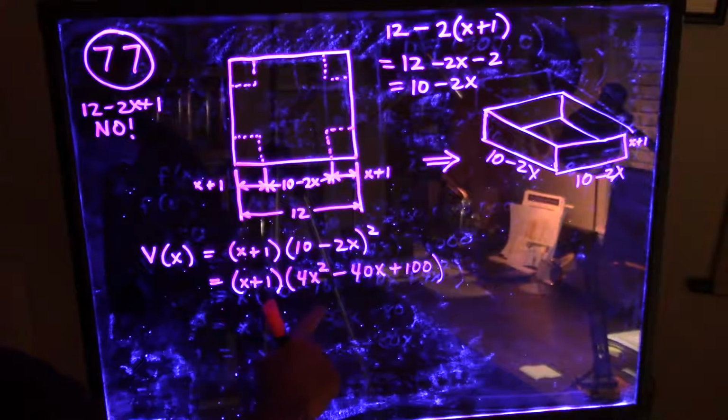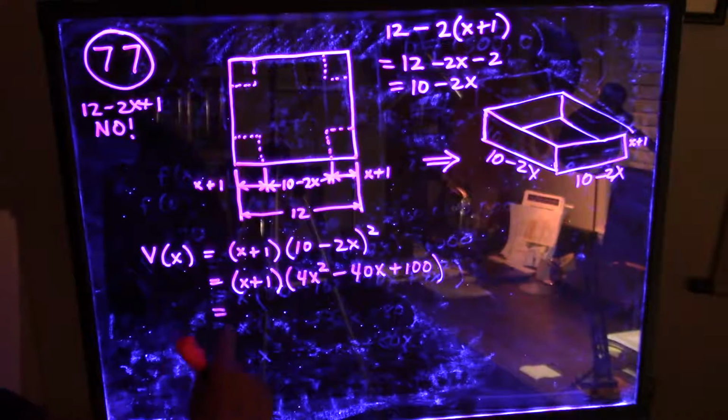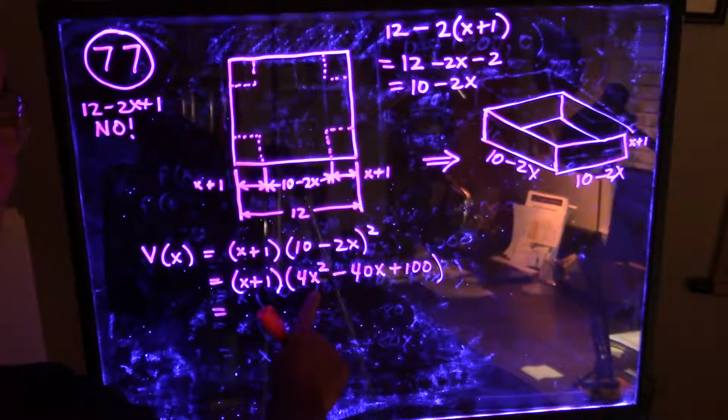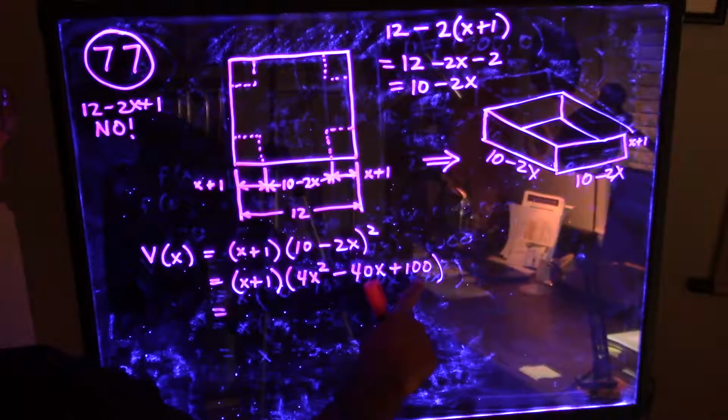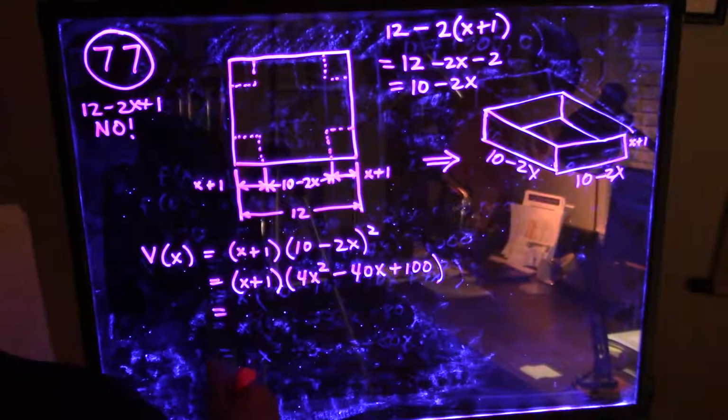And then you can distribute that x plus 1 through or multiply it out. First take the x, multiply it by each of these terms, and then take the 1, multiply it by each of these terms, and that's the result.